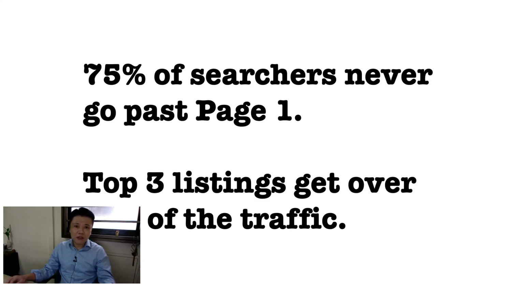And 75% of searchers never go past page 1. So if your website is listed on page 2, you don't have much chance. So the primary objective for SEO is to optimize your pages to page 1 at least, preferably top 3, as the top 3 listings get over 1/3 of the traffic.